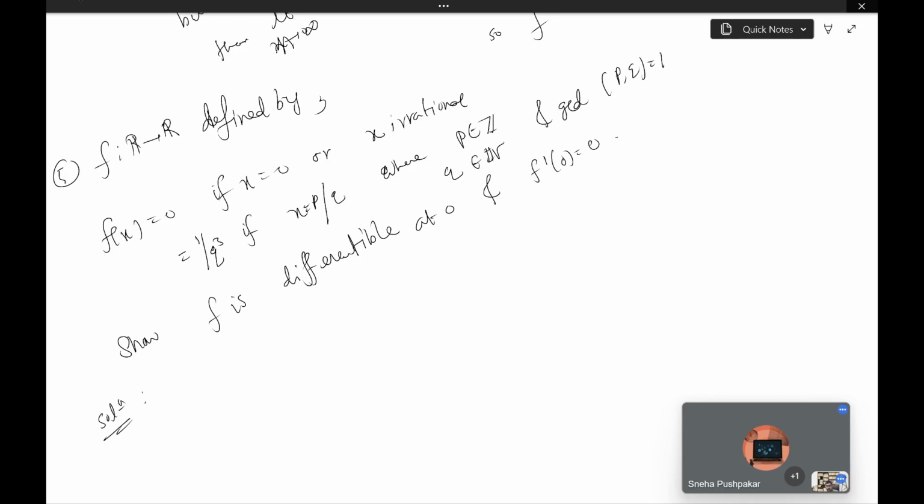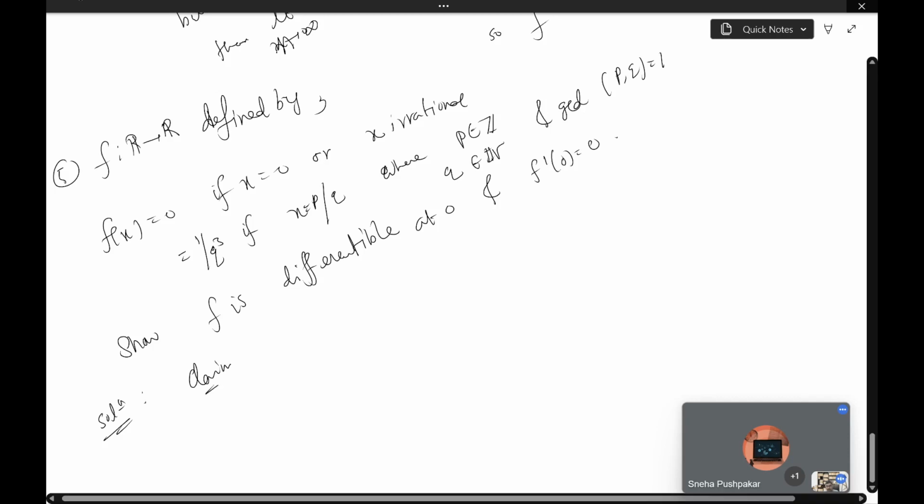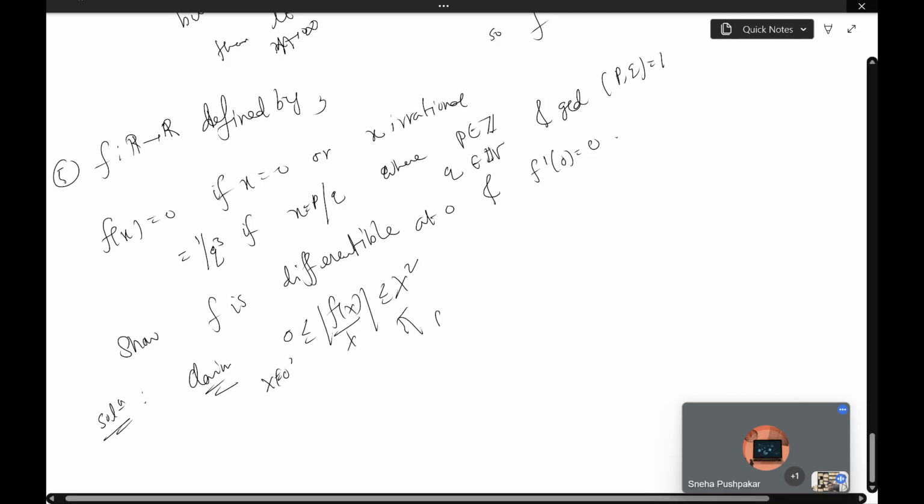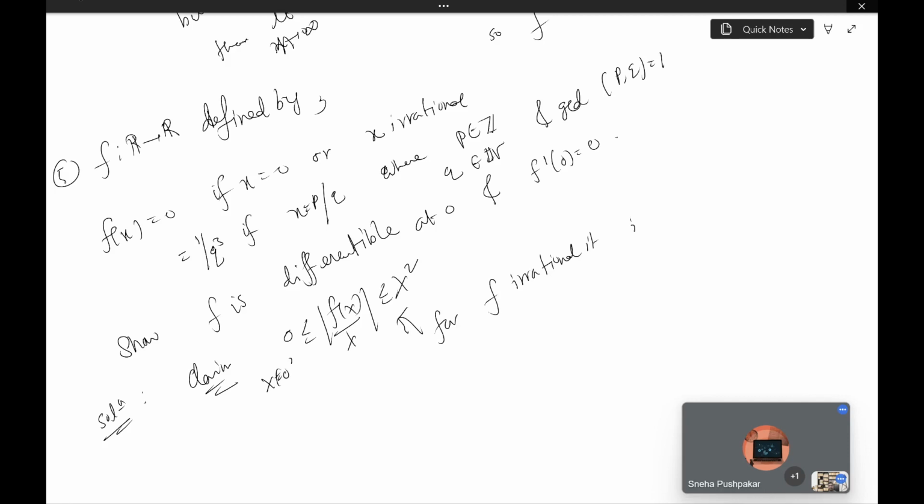The point is that we will claim that for x not equal to 0, 0 is less than or equal to mod f(x) by x, which is less than or equal to x square. Now for irrational x, it is obvious. Now let x be rational, x equal to p by n.